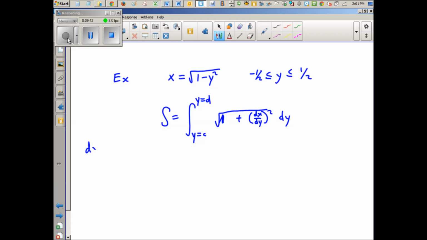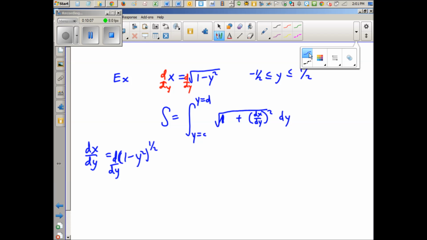So I will need dx dy, and this side is 1 minus y squared to the 1/2, and we're taking the derivative with respect to y. Basically I did a d dy right here and here. That'll give me dx dy, would it not? So we start by bringing the 1/2 down, taking away a power, multiplying by the derivative of the inside.